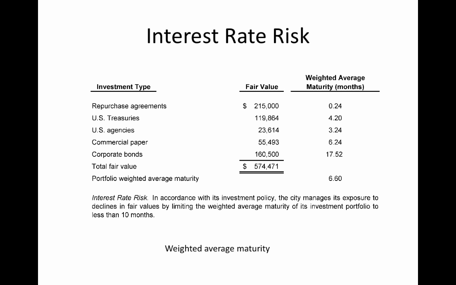This is almost 18 months for the corporate bonds, so that's a year and a half. And then on average, they're less than 7 months the maturity of this portfolio. So you might compare that with the maturity of other governments, similar governments' portfolios, or track what's happening with weighted average maturity for this particular government over time, or compare it to industry benchmarks.